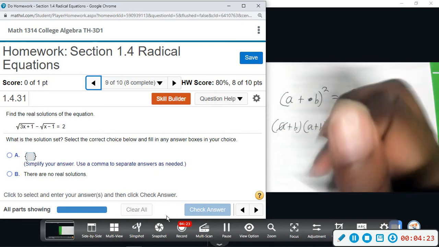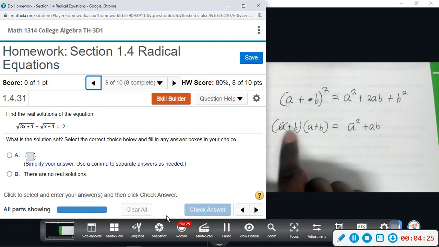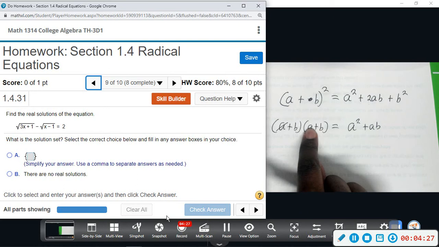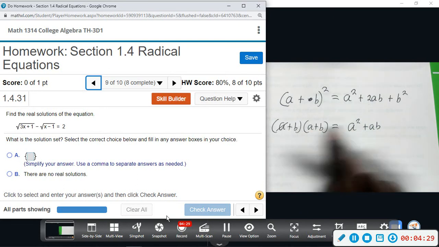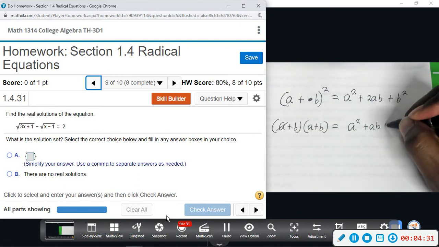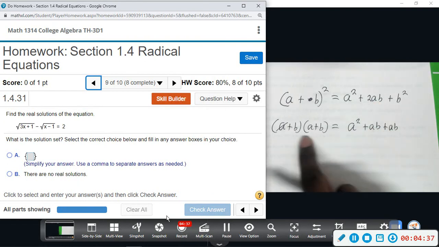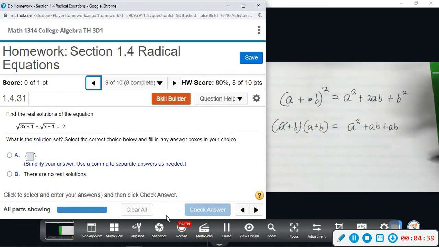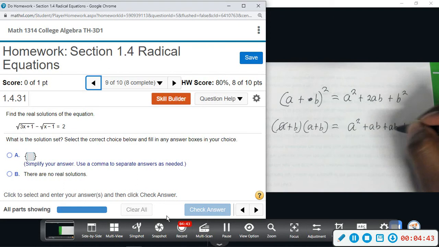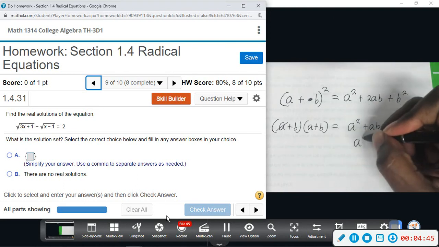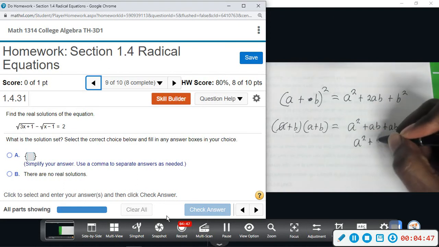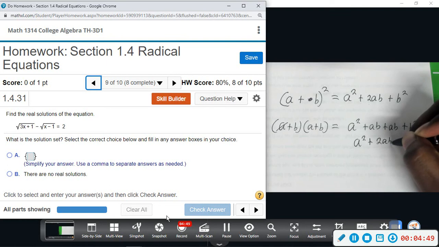So I'm done with a. I did a times a and a times b. Now b times a, same thing. B times a times b, so another positive ab. And as you can see, we have 2 ab's. That's why we double that term, always the case. And then b times b will give you b squared. And when you add the middle terms, a squared plus 2ab plus b squared.